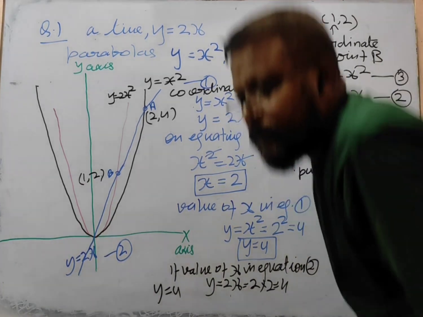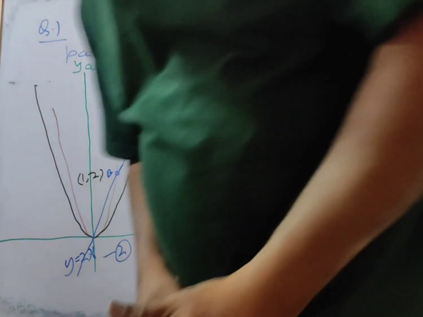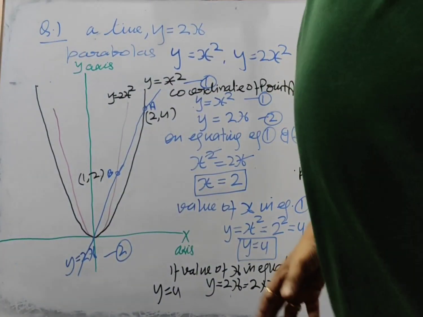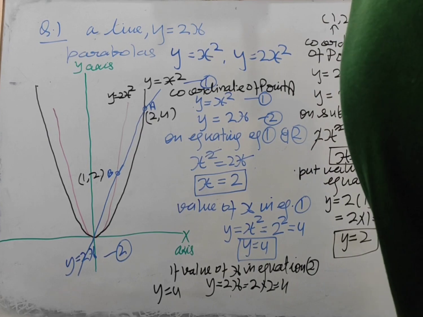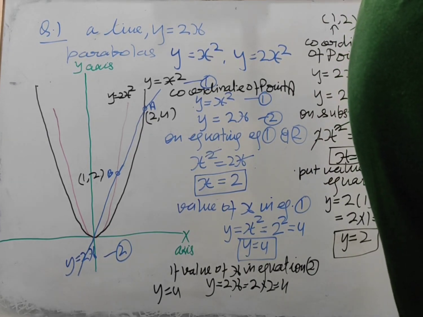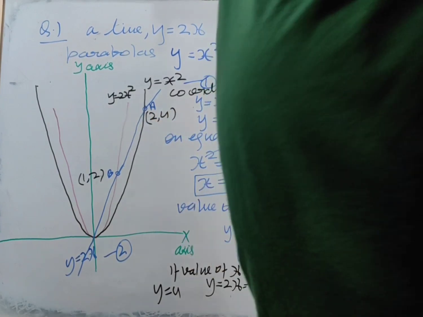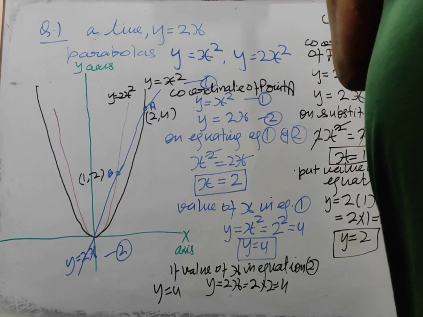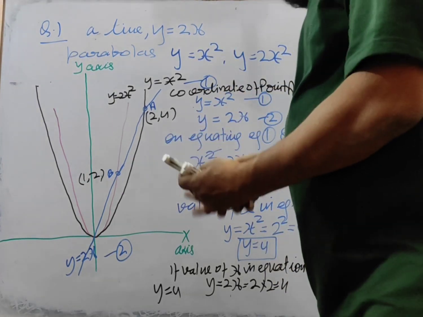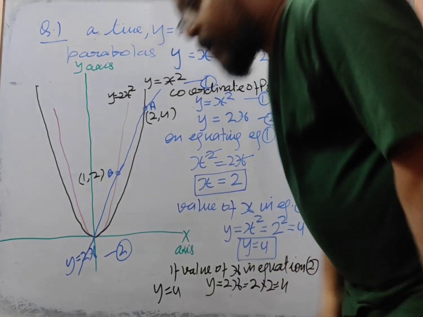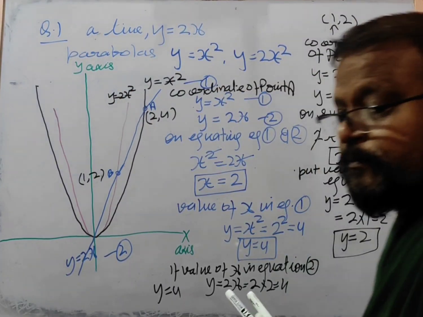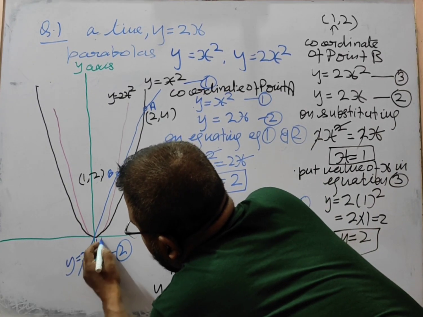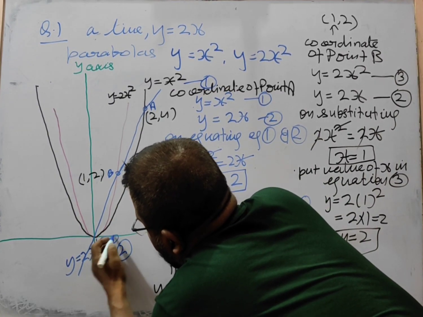Yes. So what next are they asking? Okay, we have to find the length of line segment OA. They all are passing through the origin, so that becomes 0 comma 0, right?